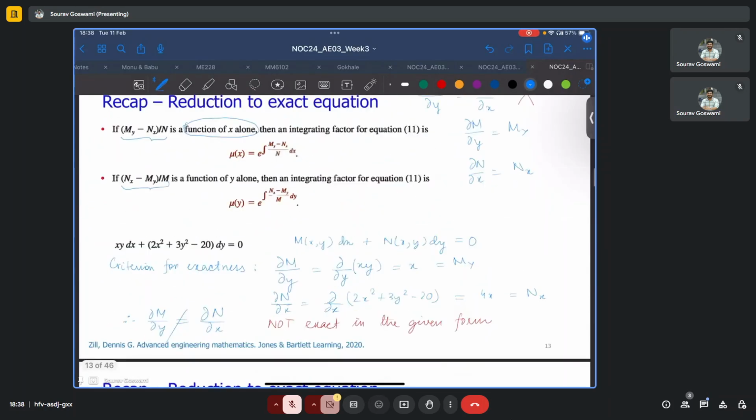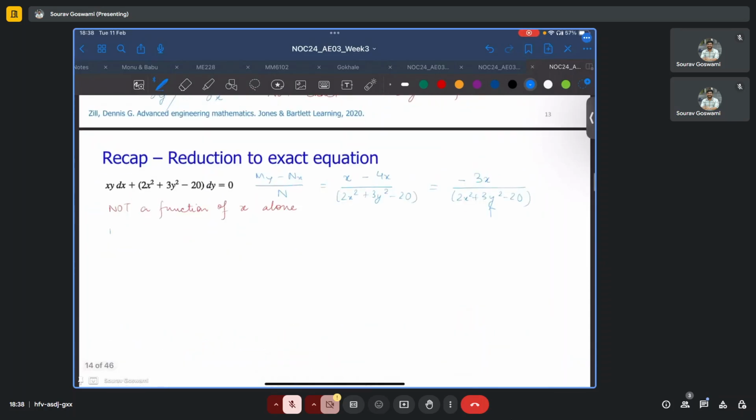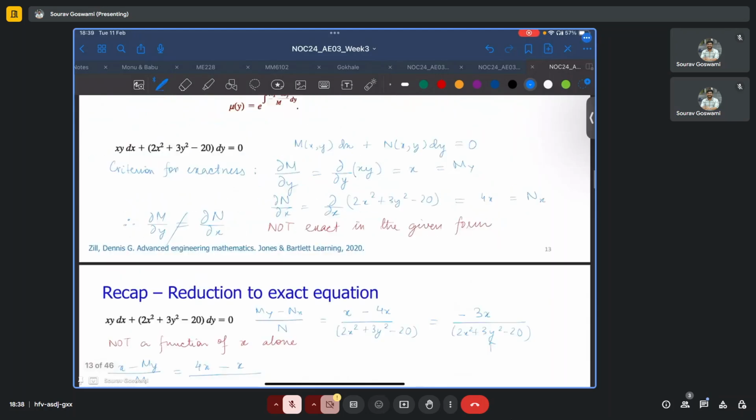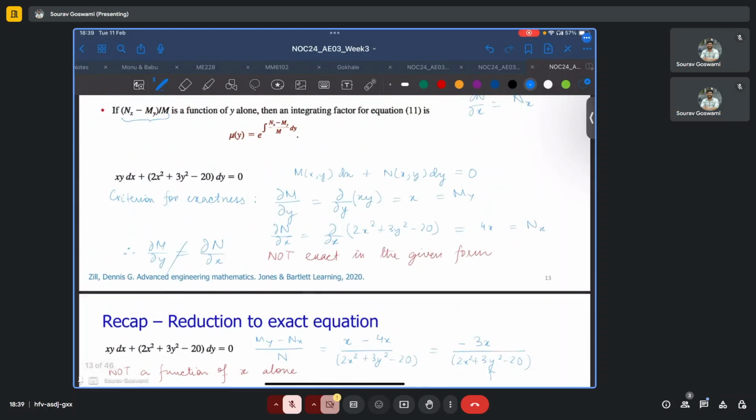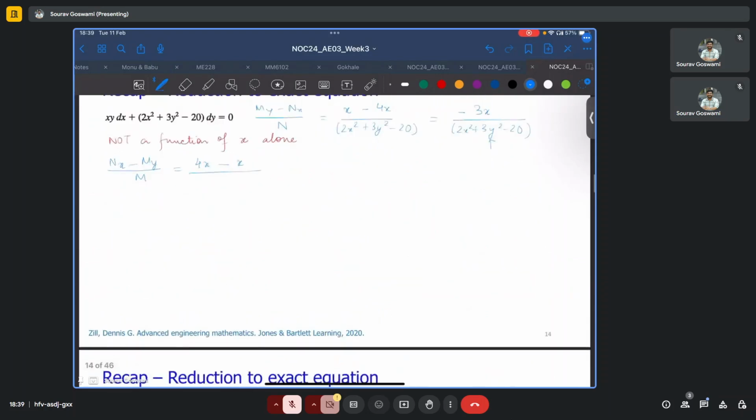Let us look at the other function that we have to compute, (Nx minus My) by M. What was Nx? It was 4x, and My was simply x. M given to us is xy.